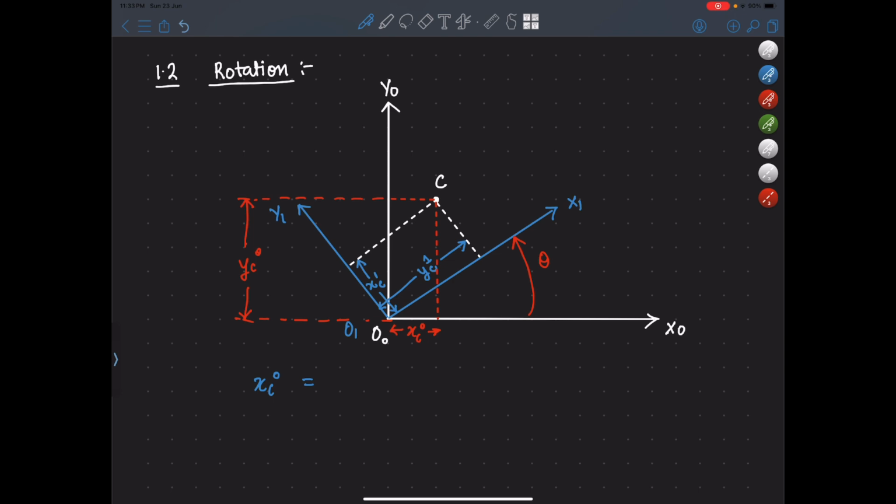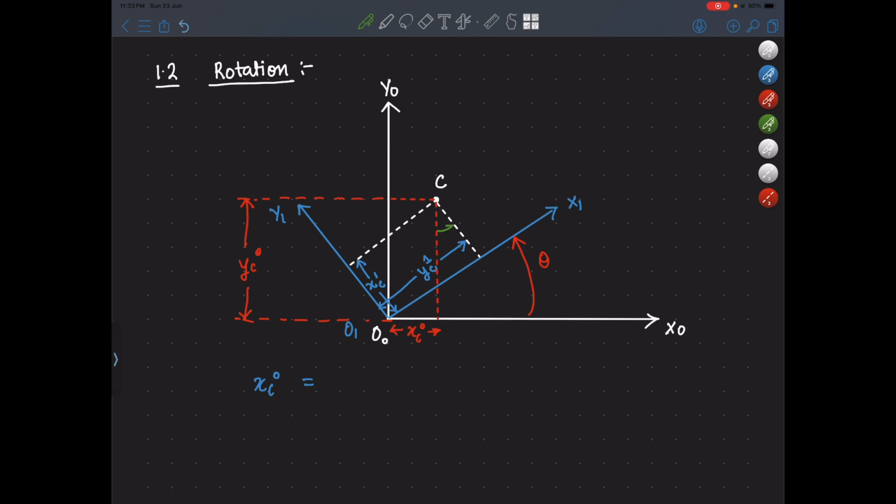All right. So if this angle is theta, what is this angle? Let me use some other color.